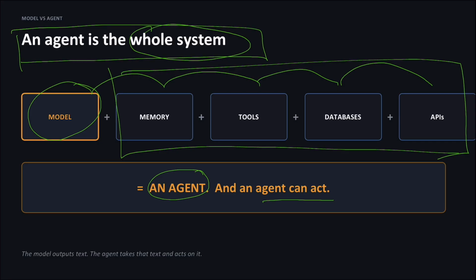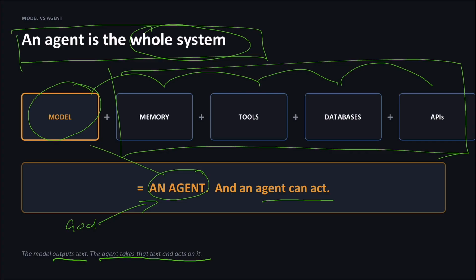So the agent, as I told you, in and of itself is a whole system. The model will always guide the agent. It will always output some text. Based on the text, the agent can take an action. For example, if you give some kind of a goal to an agent, the agent will not be able to perform any action on its own.